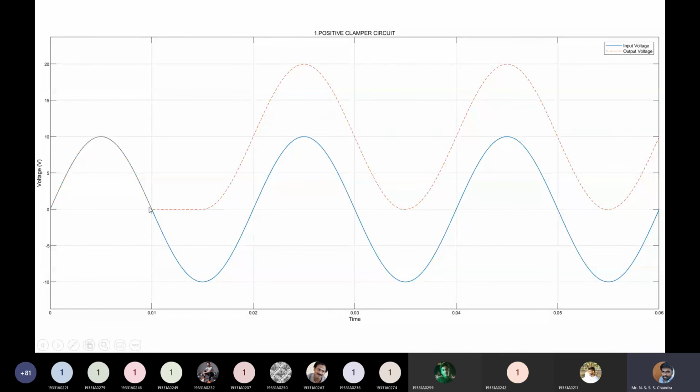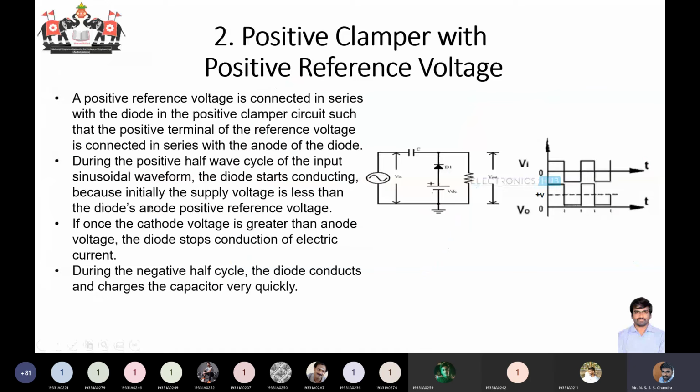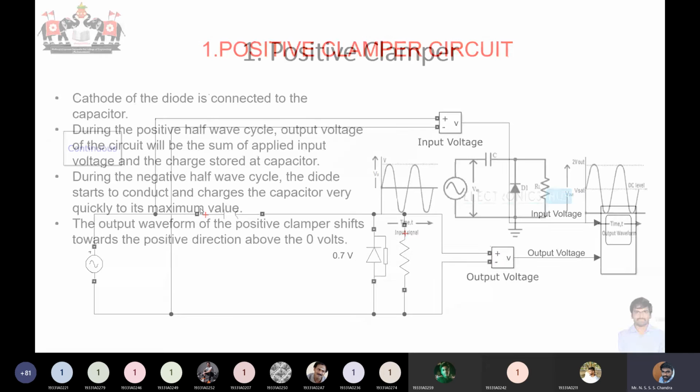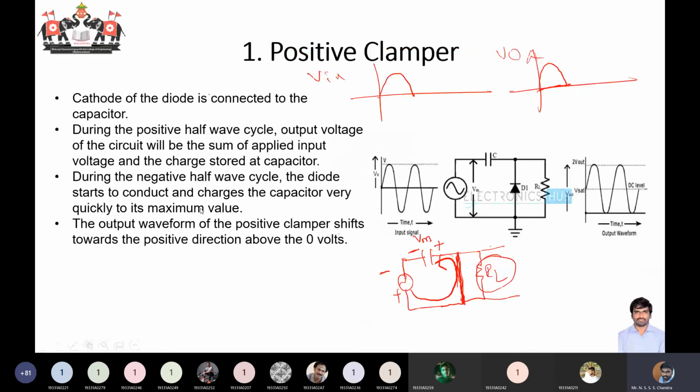Here you can see that initially for the positive half cycle, your output is following the input voltage. And in the negative half cycle, initially, till the input voltage reaches minus Vm, your capacitor is going to charge. So till the capacitor is charged, your voltage will be equal to 0. Why is it equal to 0? Because you have a short circuit, right?